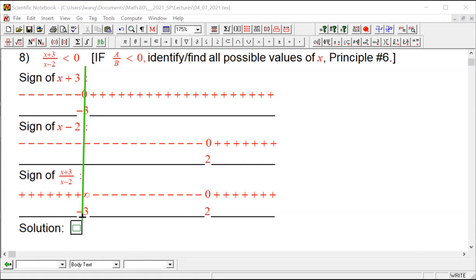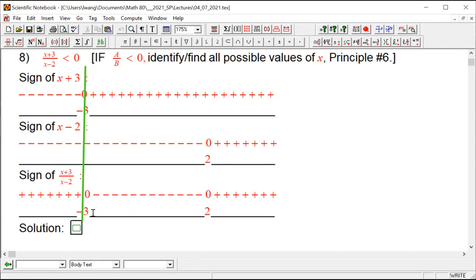When we plug in -3 in this expression, we're going to get 0 as the numerator, and the denominator is -5. 0 divided by -5 is 0. I made a mistake here. So it's a 0. Got it? So that's slightly different.